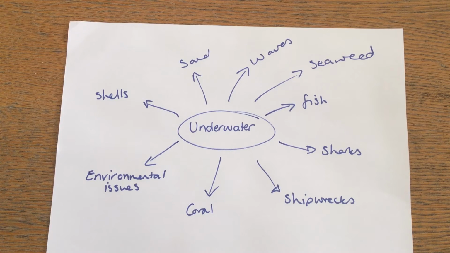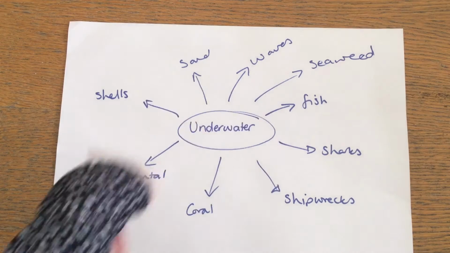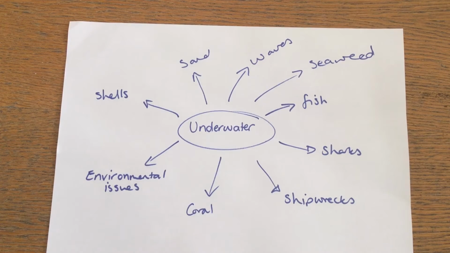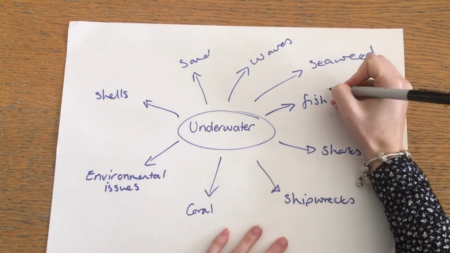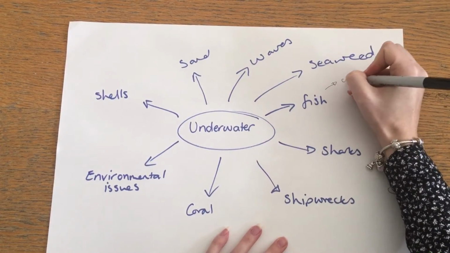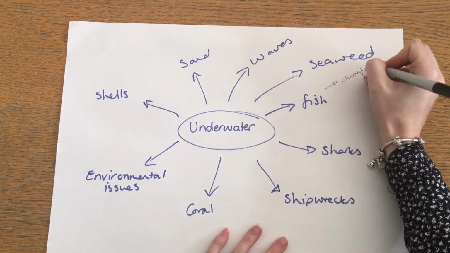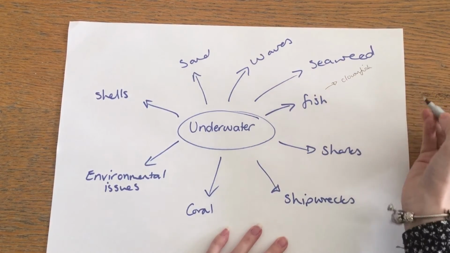So what I'd like you then to do is, if you've got your main points, start expanding on them. You might have got something like fish, so you could list different fish that you might know.